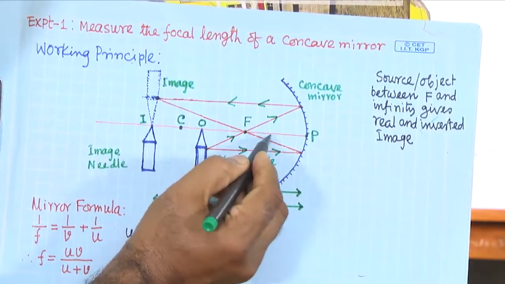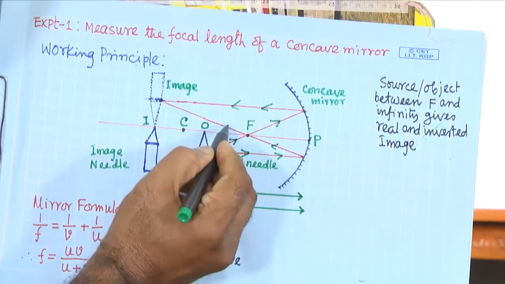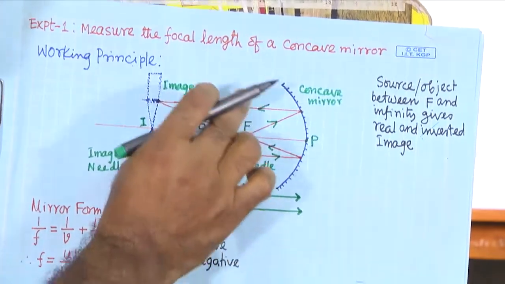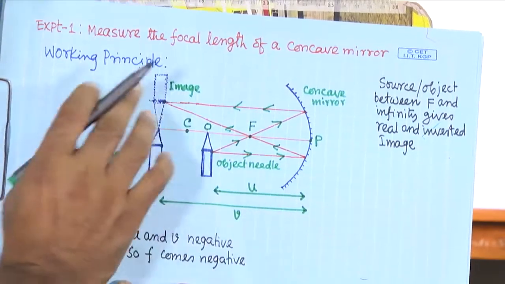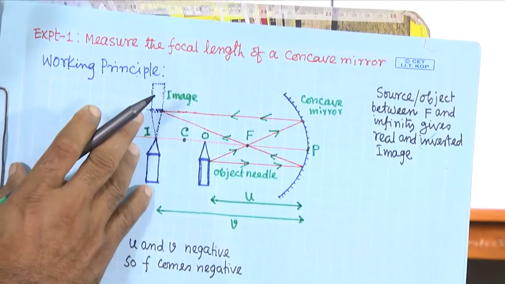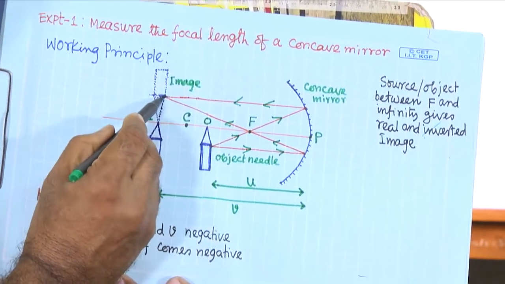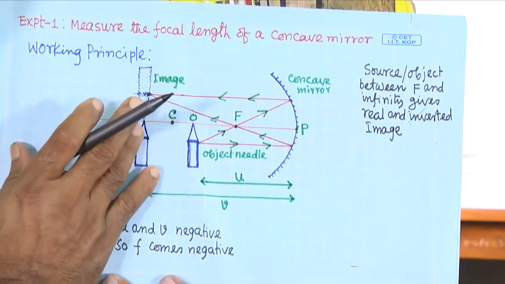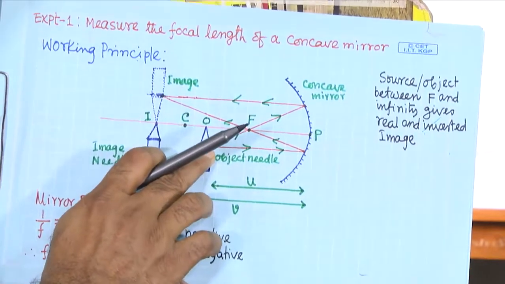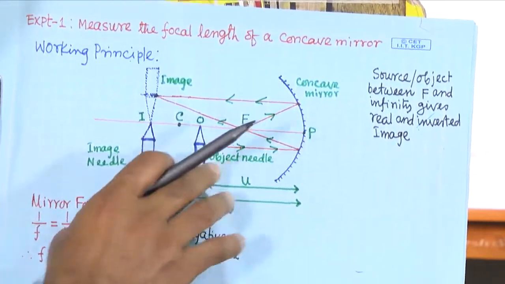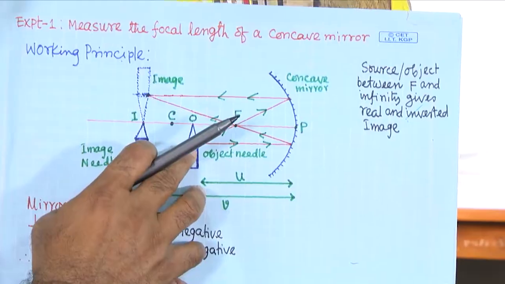So, it will pass through the focus. Okay. So, these two reflected rays, where they meet, where they cross, at that point we will get the image of the corresponding point of the object, right.